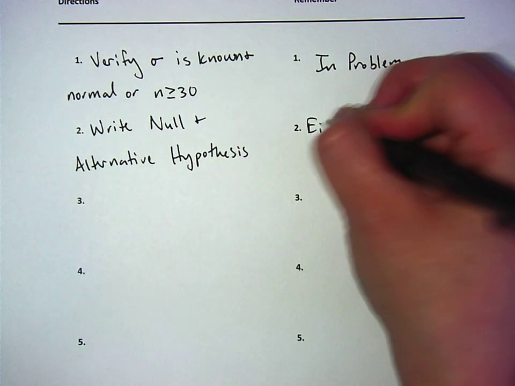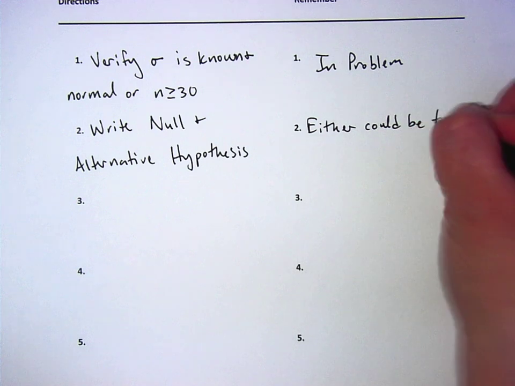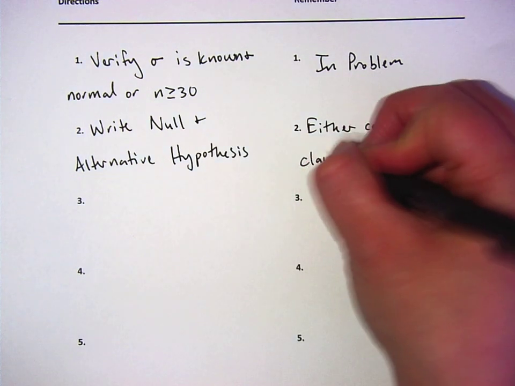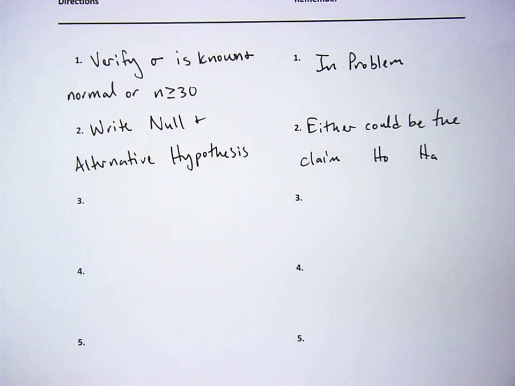Remember that either could be the claim. This is H sub O and H sub A. All right, this is where things change.